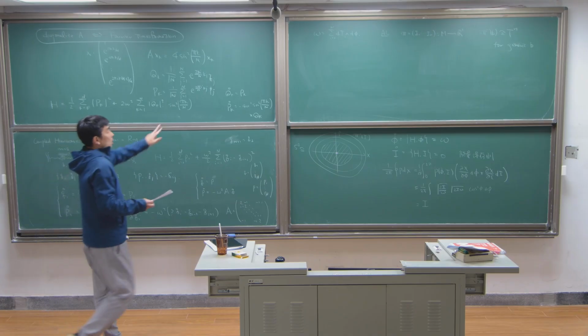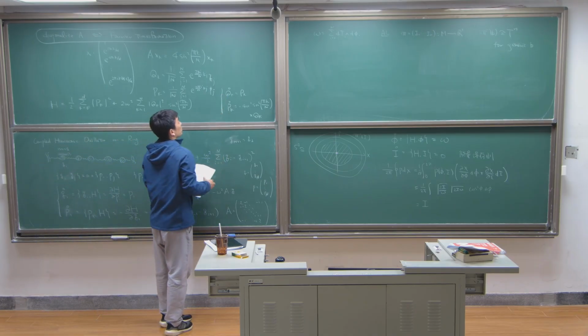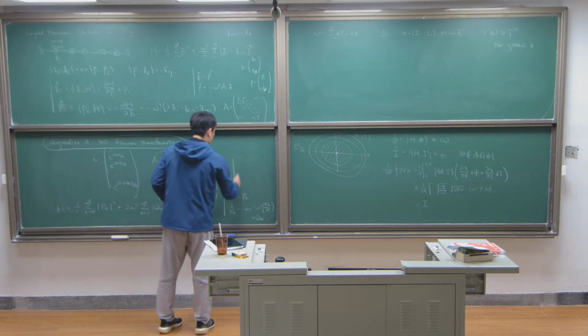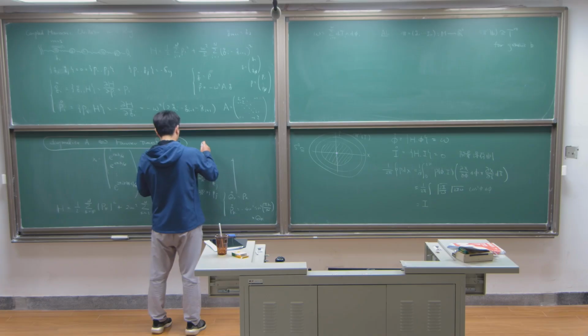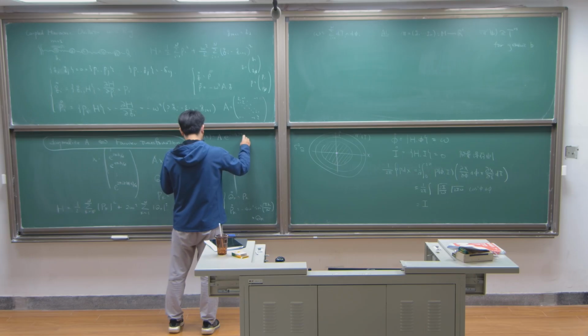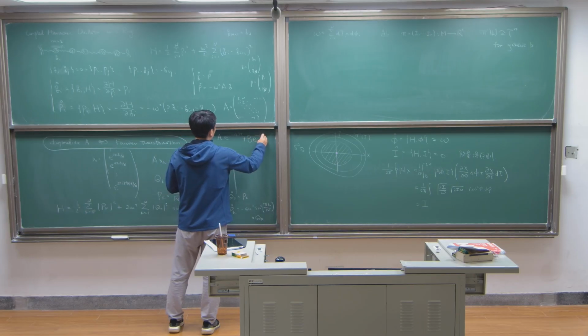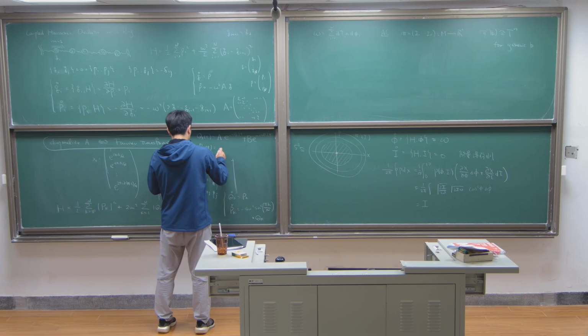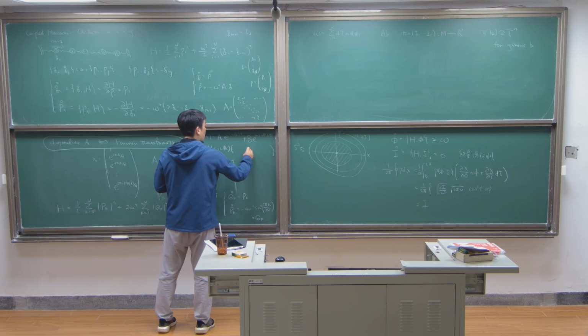Okay. Now you can solve this linear differential equation. Maybe I can just write down the solution here. It's easy to solve. Then you have q_k(t) with e to the i omega_k t, and then this one with a minus sign.